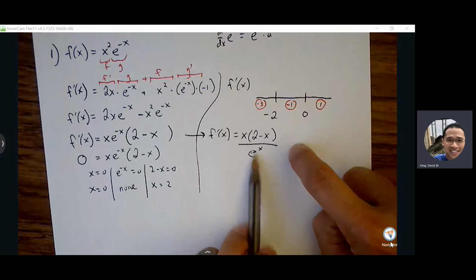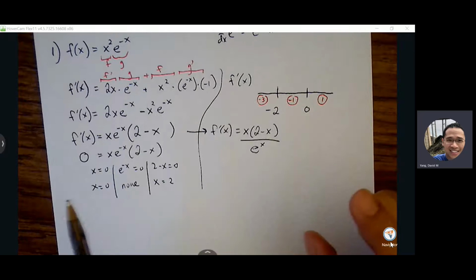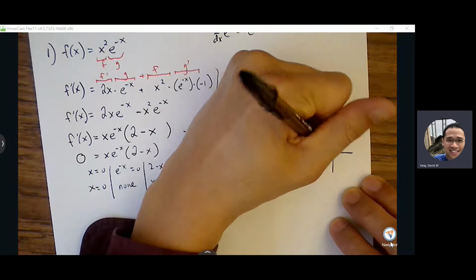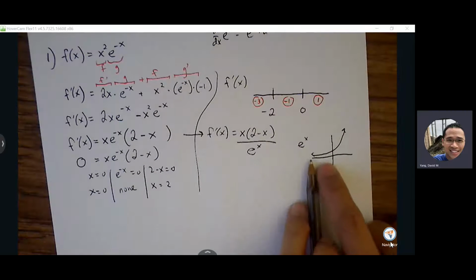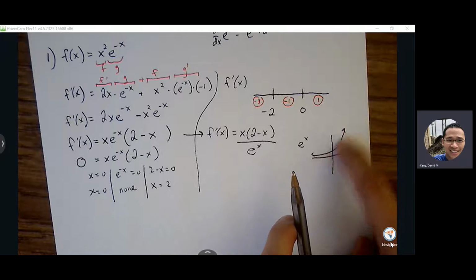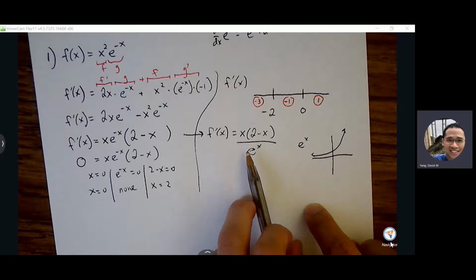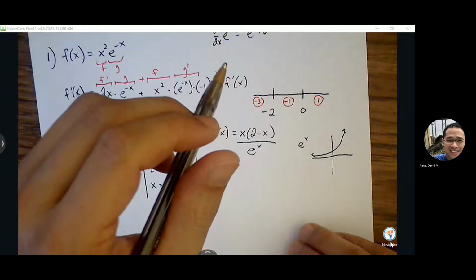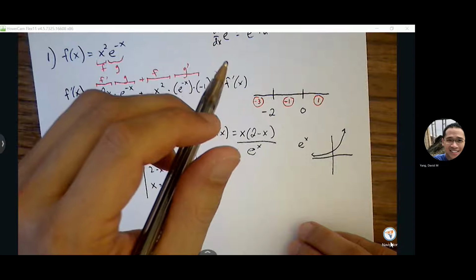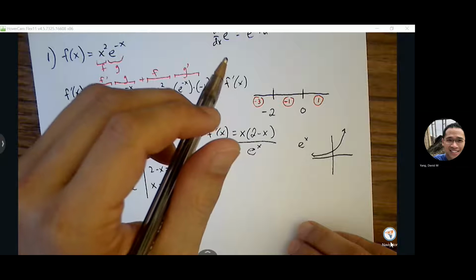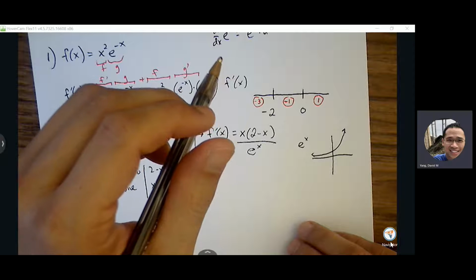Now, e raised to any number, doesn't matter what it is, is always going to be positive, because the e to the x graph looks like this. Doesn't matter if you plug in -1, -2, -3, 5, 6, they're all positive y values. So you've got positive over positive, so it's positive. Two minus x.